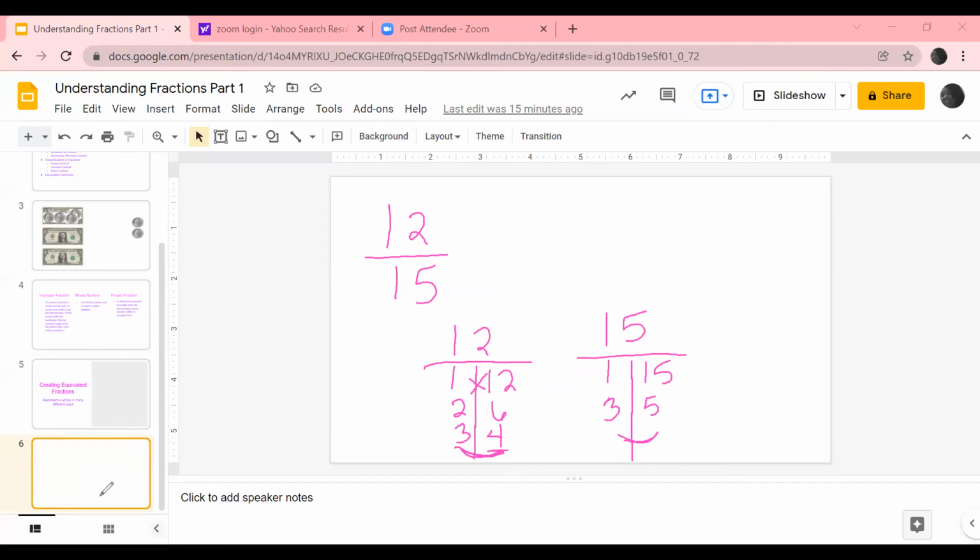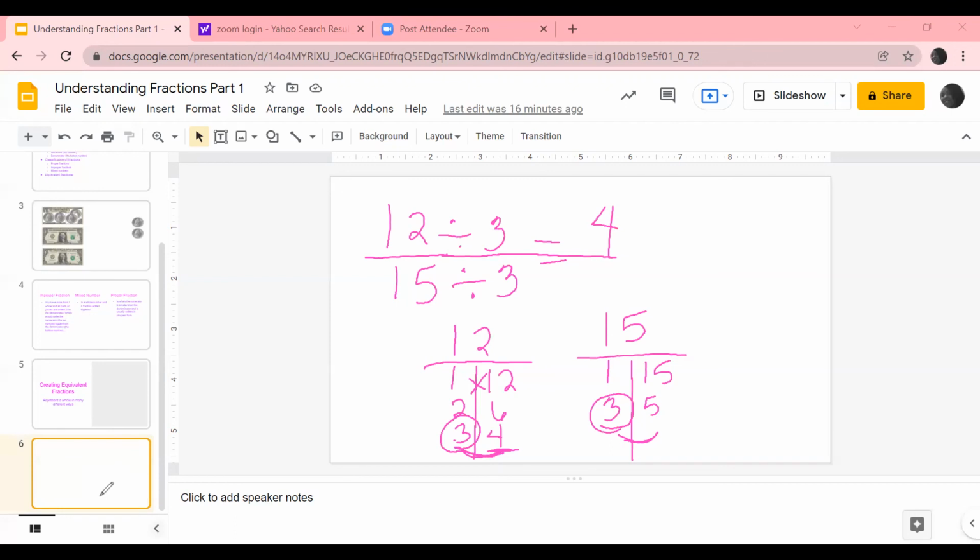So now I'm looking for the greatest common factor, the greatest factor that's on each side, and that is 3. Okay, so here I will use the 3. 12 divided by 3 will give me 4.